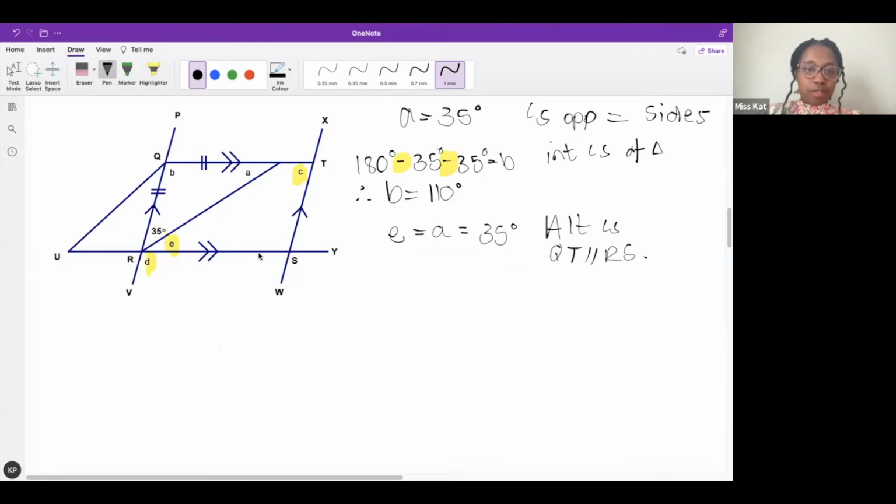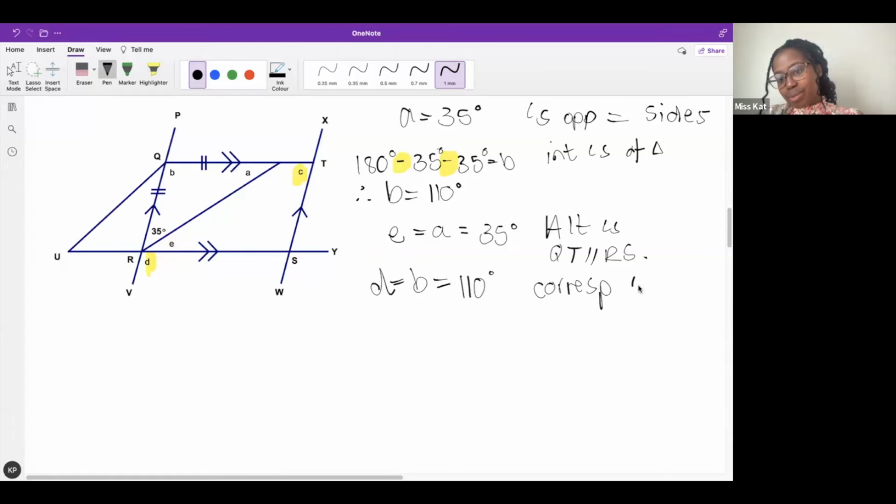Okay. Sia's hand is up. Yes, Sia. Ma'am, I think I have D. Okay, let's hear. I think D is equal to B, which is equal to 110 degrees because of corresponding angles.